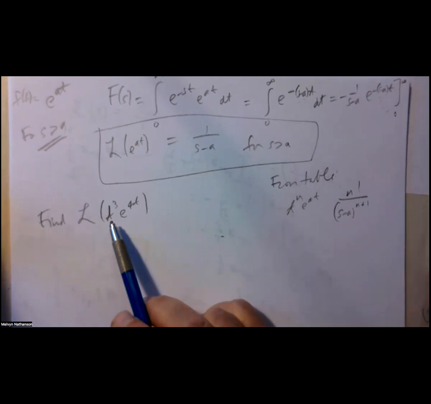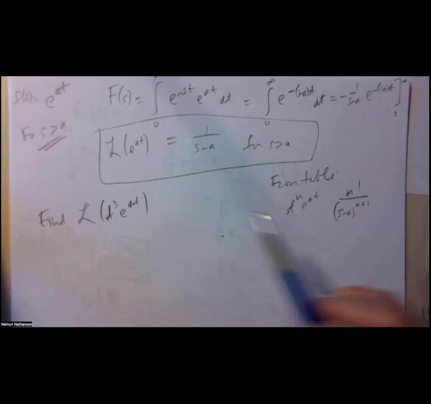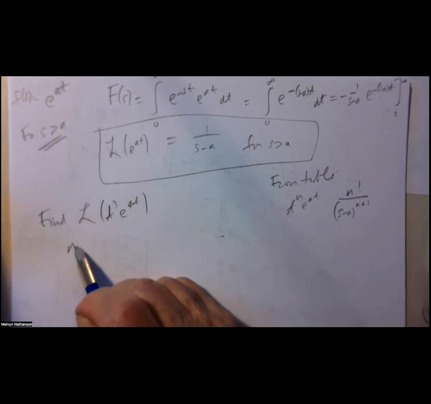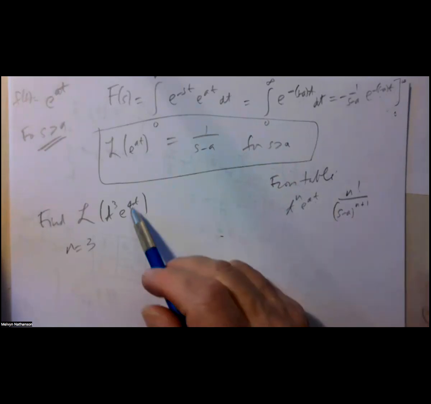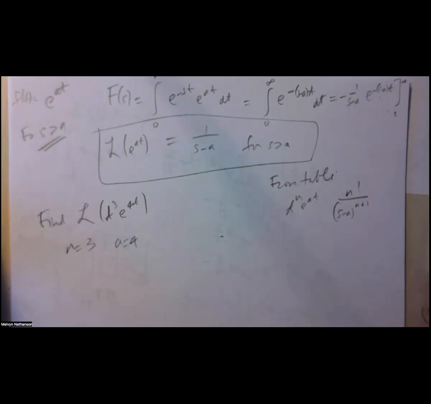Now, in this case, I have t cubed e to the 4t. So this is n equal to 3, a equal to 4.